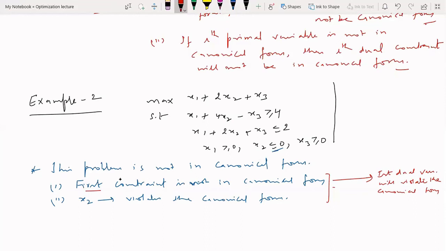Then x2 violates the canonical form, so this will have an effect on the second dual constraint. Because the second variable is violating, the second dual constraint will violate canonical form.